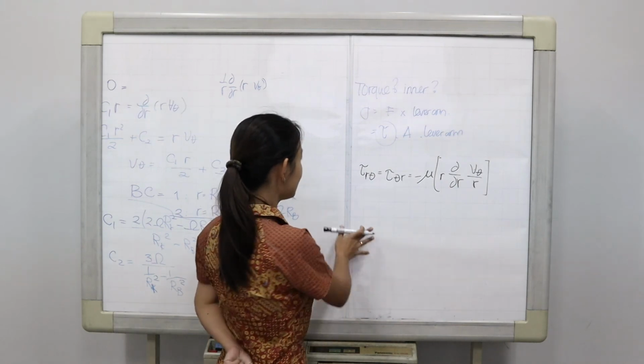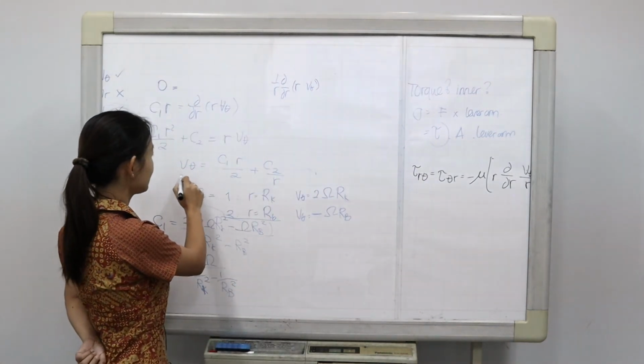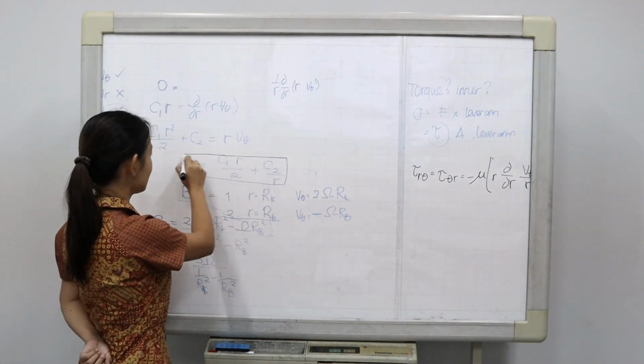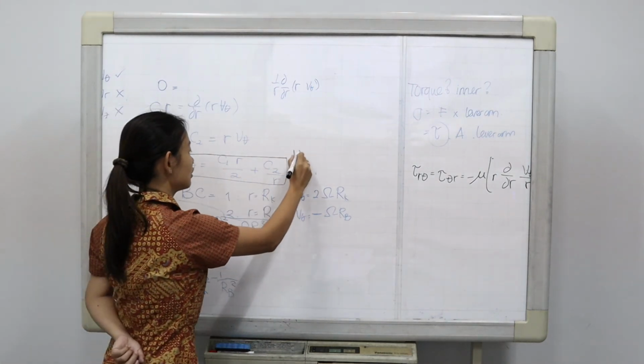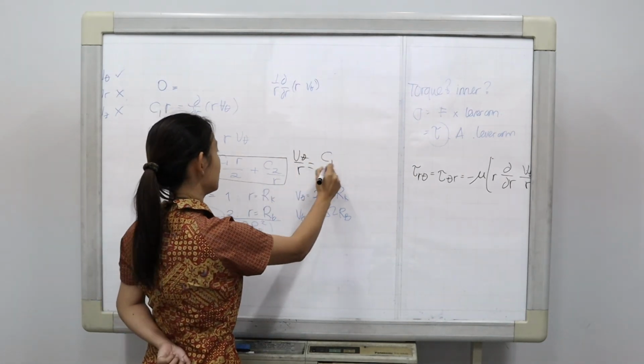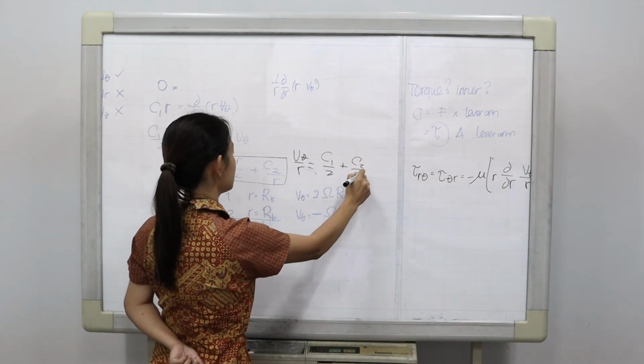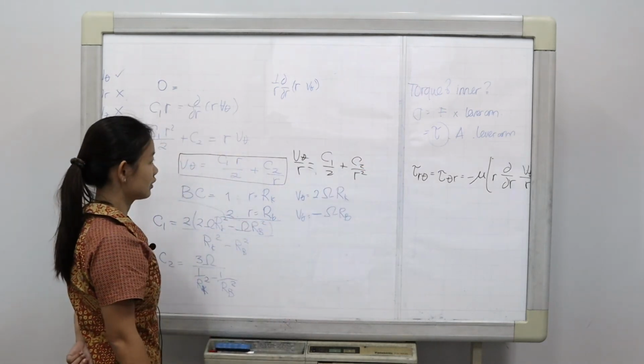Now, v theta over r is C1 divided by 2 plus C2 over r squared.